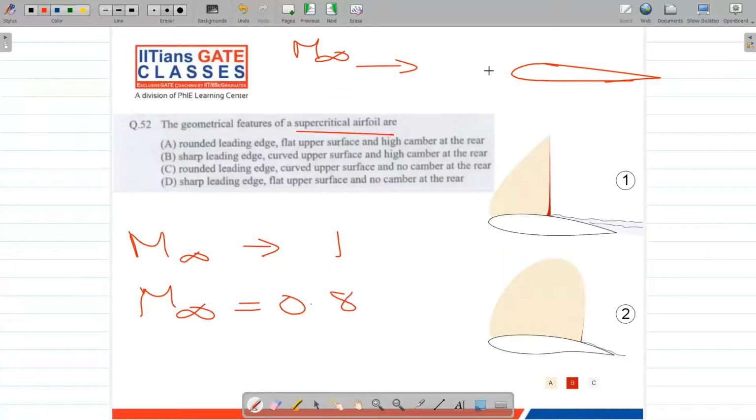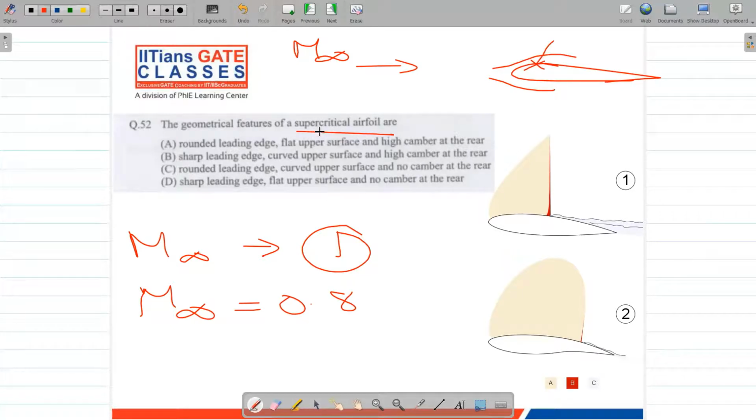At this Mach number 0.8, we know that the flow will definitely accelerate on top of the airfoil, and there will be local regions where my velocity becomes equal to sonic velocity, that is, Mach equal to 1. So even if the free stream is subsonic, there could be sonic velocities on top of my airfoil because of the flow acceleration.